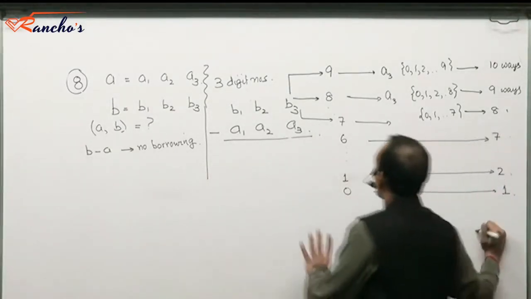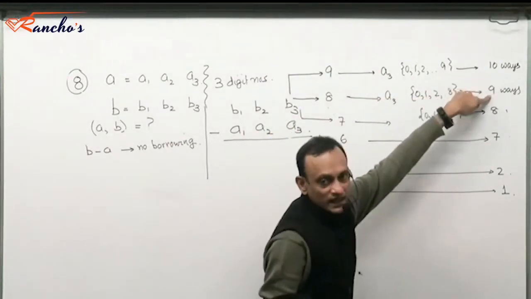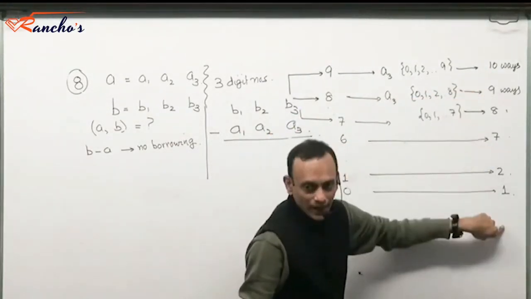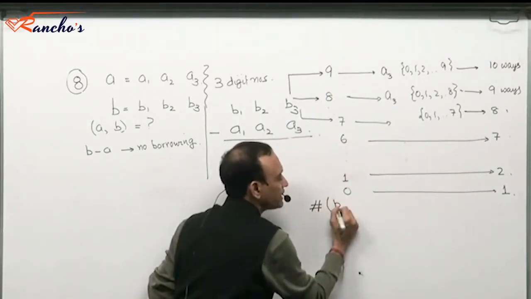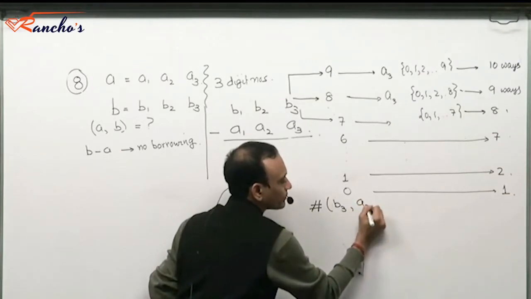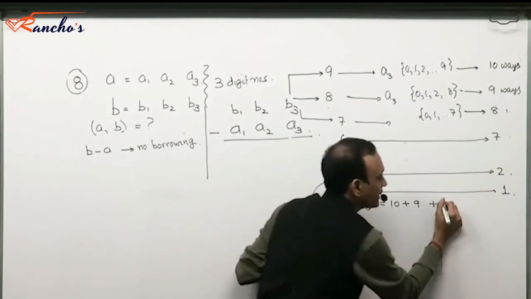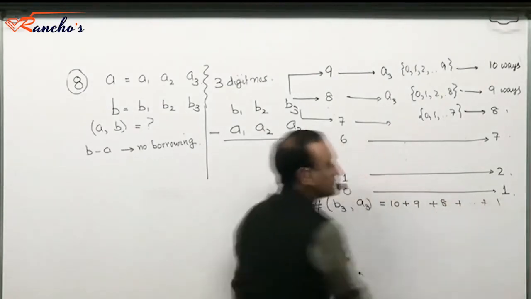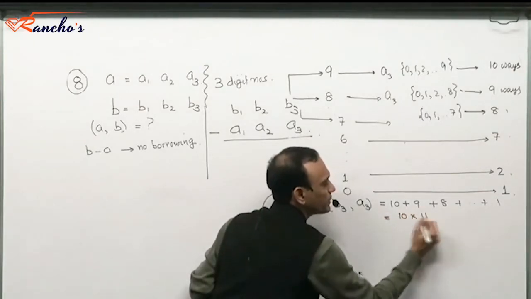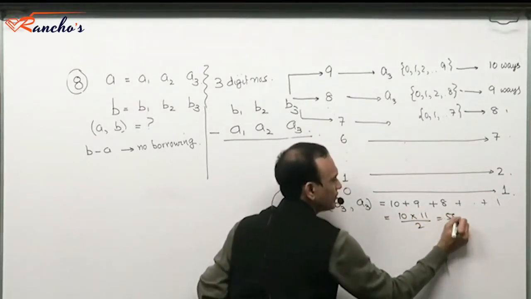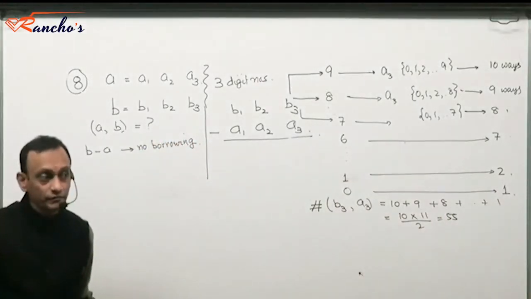So that means the number of b3 a3 pairs would be 10 plus 9 plus 8 up to 1, which is like 10 into 11 by 2, which is 55. Number of b3 a3 pairs with no borrowing involved would be 55.